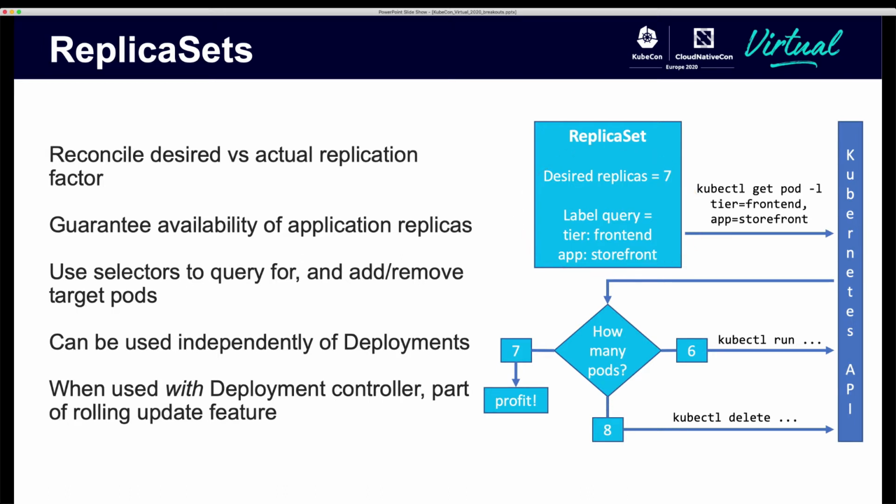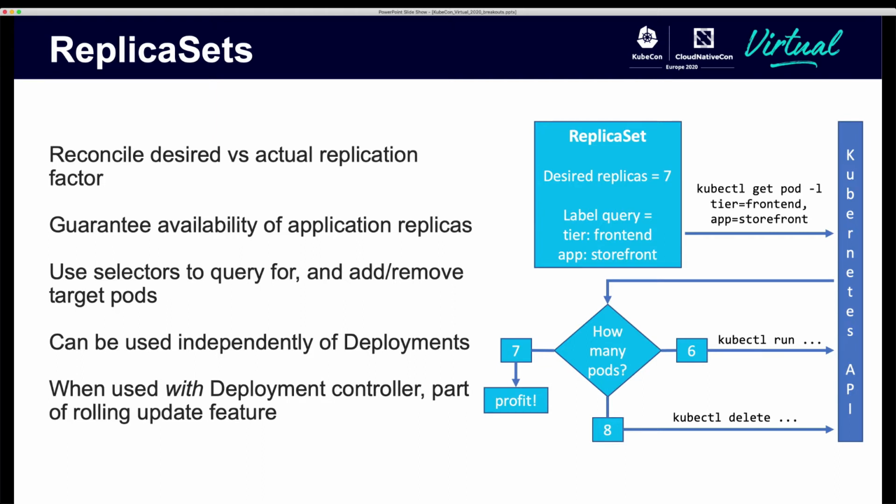The label query is going to be used to do that reconciliation. And then when the answer comes back, a decision has to be made. Are there 7 pods? Great, do nothing, right? No action needs to be taken. If there are 6, then we've got to add a new one, right? Similar to kubectl run to add a new pod. If there are 8, then the ReplicaSet's going to kill one.